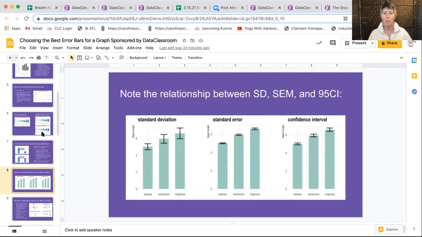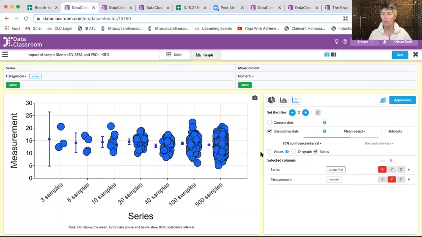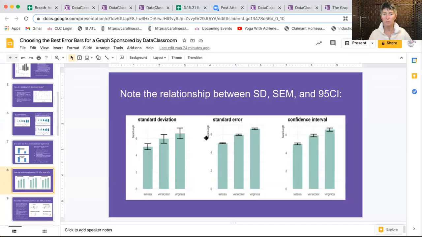Just as I was showing the difference between standard deviation, standard error of the mean, and the 95% confidence interval on this graph, it's really helpful to show students that relationship over and over so they understand the standard deviation will be a larger error bar compared to the standard error of the mean because of the calculation that is used to find that information. So you can see the standard deviation is a larger error bar, the standard error is much smaller, and the 95% confidence interval is typically about twice the size of the standard error.